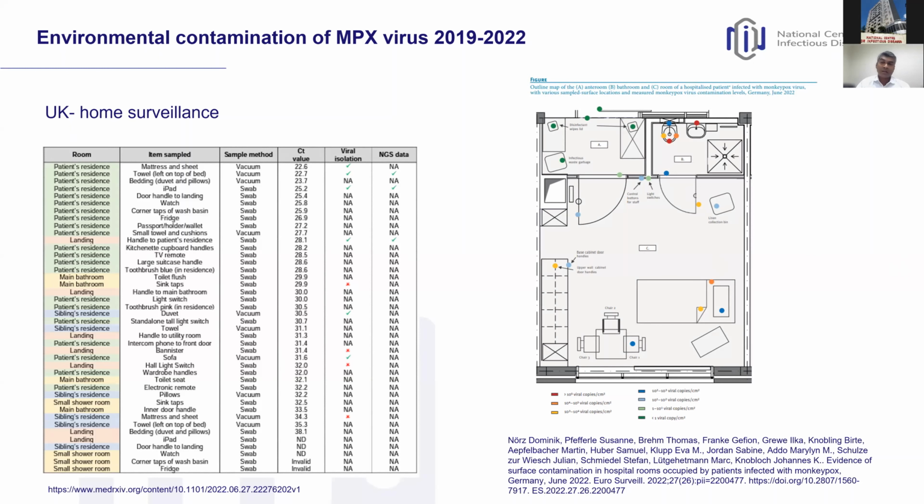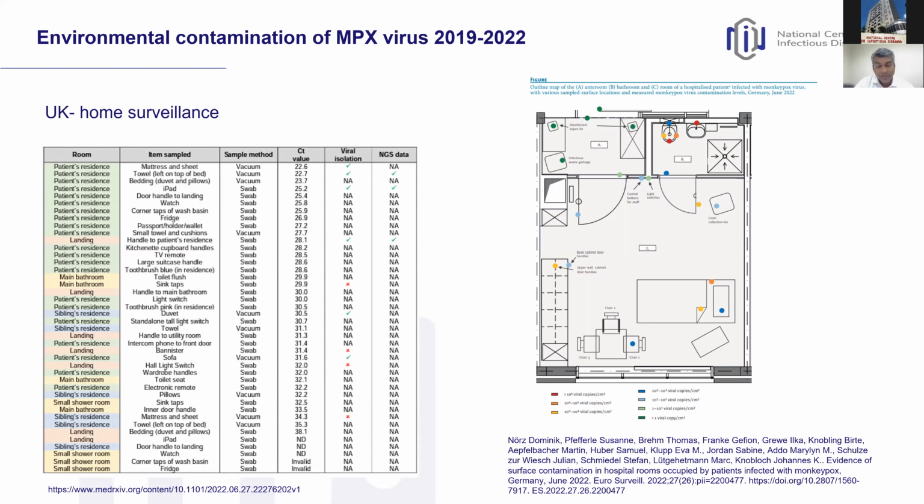So what I can conclude from here is that touch-based transmission from the environment has more data now, and it is of concern, and we need to prevent that from happening, especially in hospital settings, with our environmental hygiene measures and also PPE. So this is the conclusion that we can make.